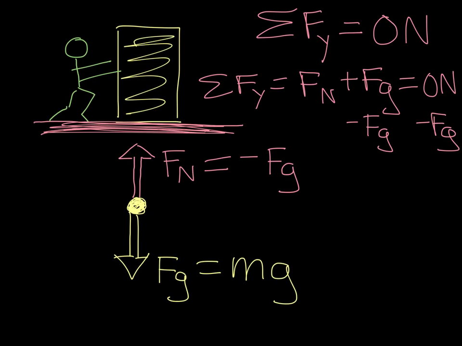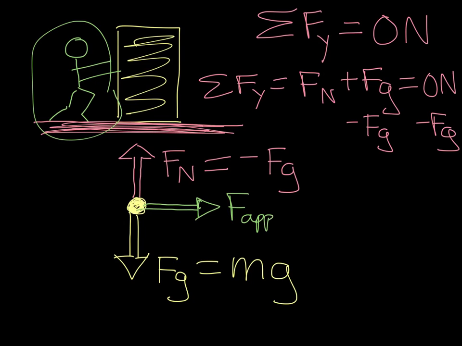Now let's take a look at the forces in the x direction. We can see that I'm applying a force, so I'm going to put an arrow here and label this F applied, or F app.